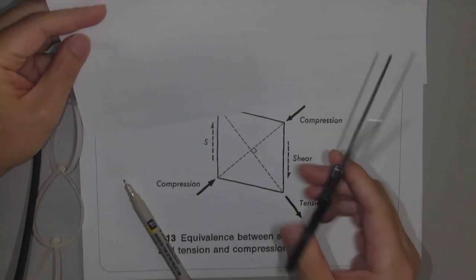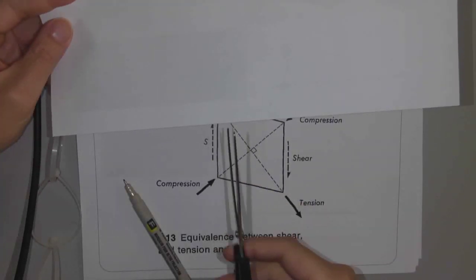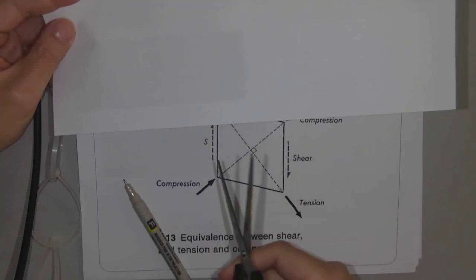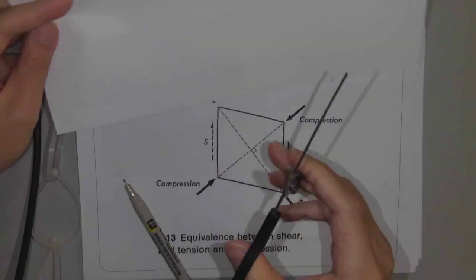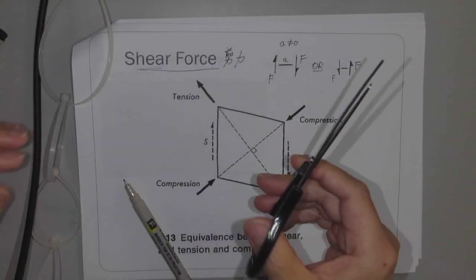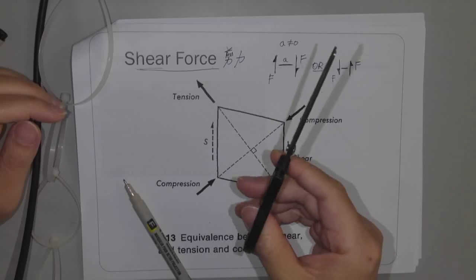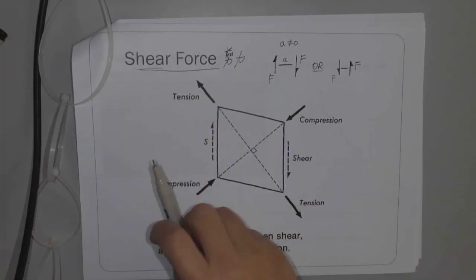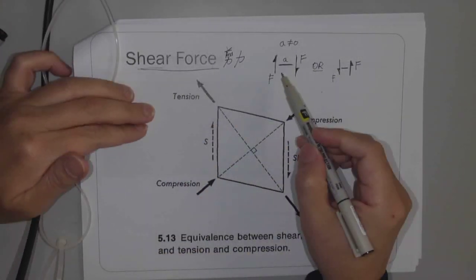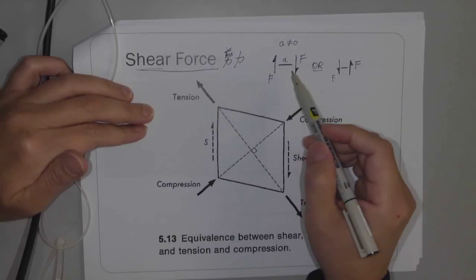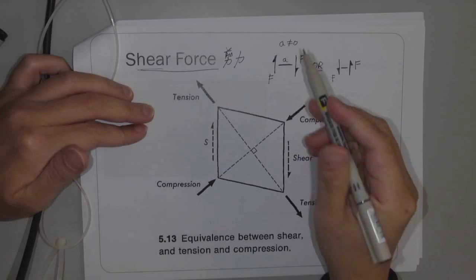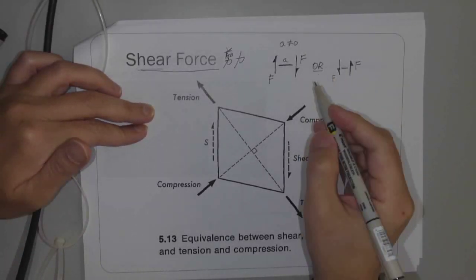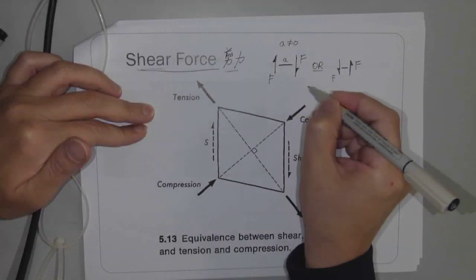But if you have a strong enough pair of scissors, you can cut a metal sheet, timber, even a piece of concrete, provided that your pair of scissors is strong enough. So what that means is, if that pair of forces is large enough, then you should be able to cut anything. Right, so that is basically the definition of shear force.